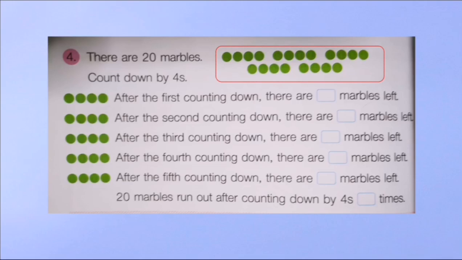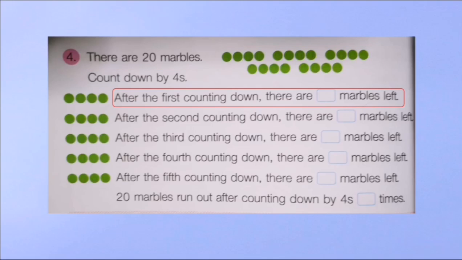Let's read together. There are 20 marbles. Count down by fours. Okay, so let's read the first sentence. After the first counting down, there are blank marbles left. So remember in our last example, which is exercise number 3, we counted down by threes.